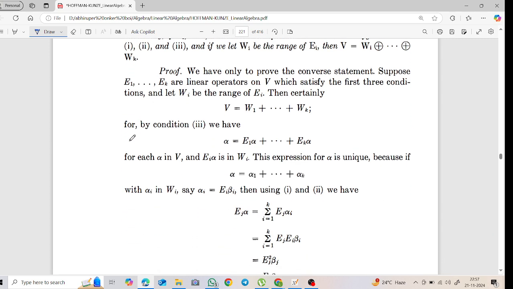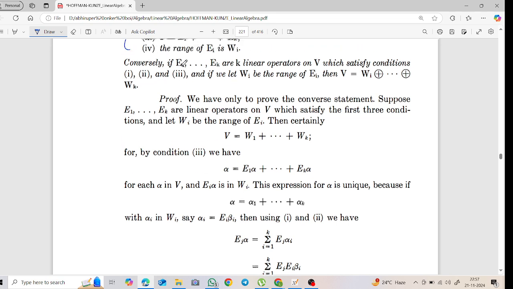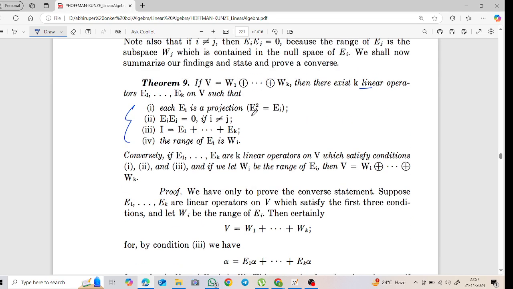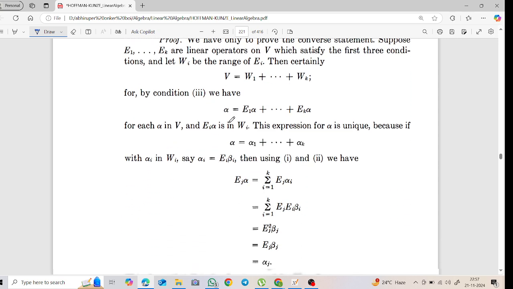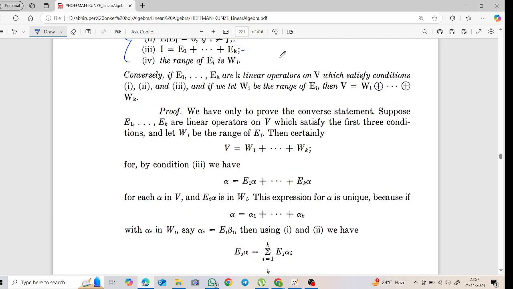We are talking about the converse, that if there are such linear transformations E1 to Ek which satisfy 1, 2 and 3, this and this, then V is a direct sum of the ranges.